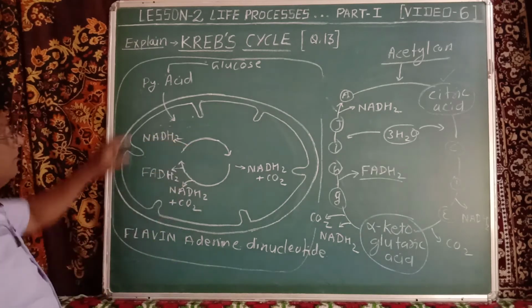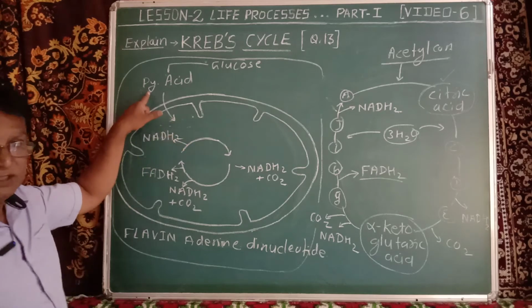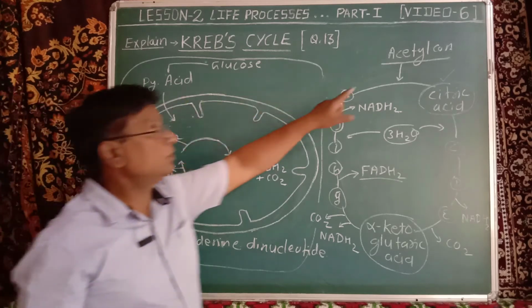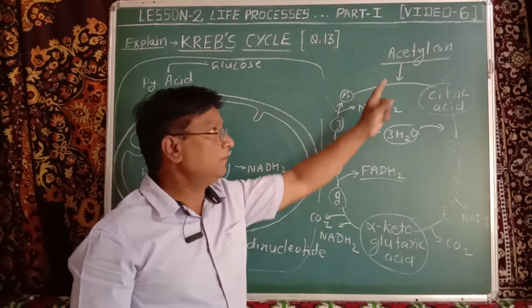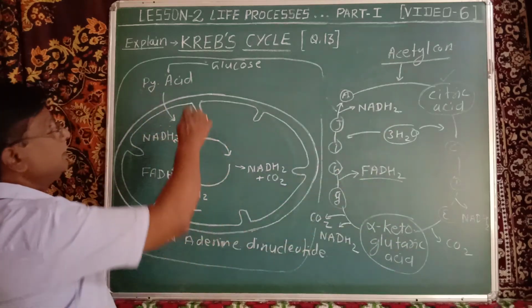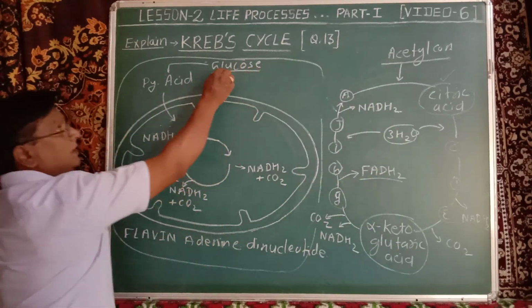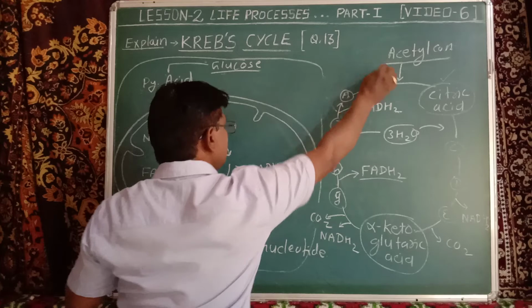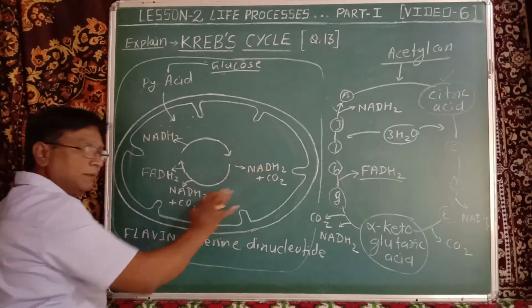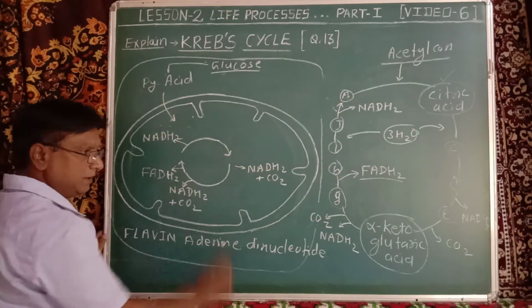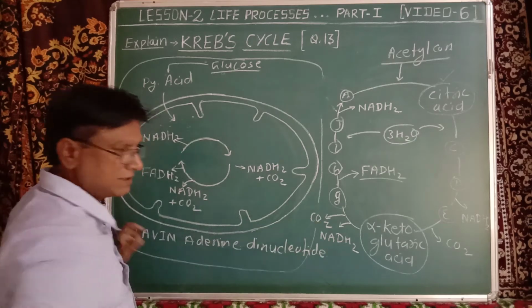All this from one pyruvic acid which converted into one molecule of acetyl-CoA. We are calculating for one, and if we are calculating for one glucose, then two pyruvic acid, two acetyl-CoA, and everything becomes double. That I will tell you in the reaction itself.